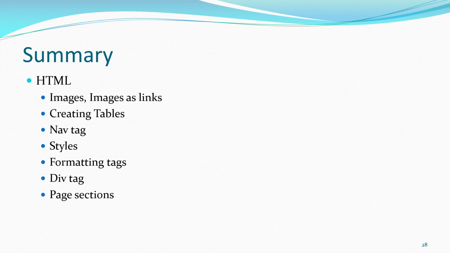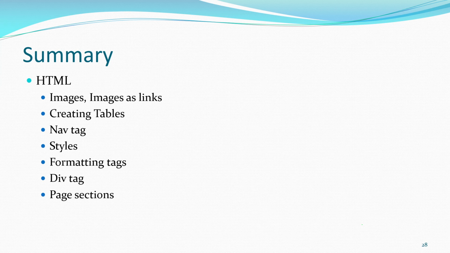So that was a quick review for the second session, which covered using images, using images as links, a quick introduction to creating tables, the Nav tag for creating menus, and how styles work, so the differences between inline, internal and external.